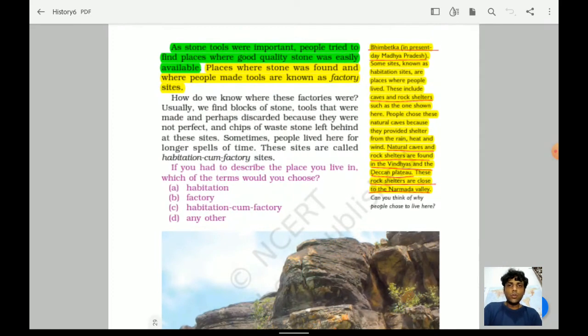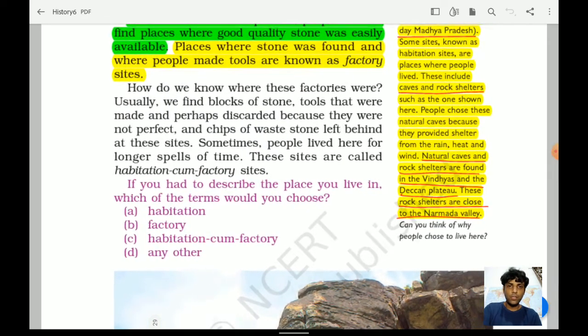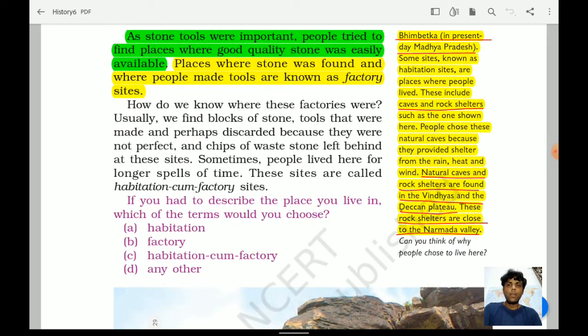As the stone tools were important, people tried to find places where good quality stone was easily available. Places where stone was found and where people made tools are known as factory sites.